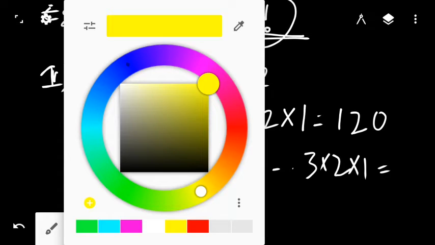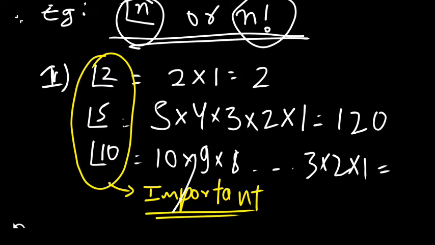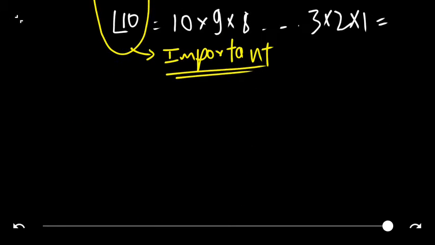Now let's get to the mathematical part of this. Let's represent this in algebraic form. Factorial n is, as I told you, the multiplication of this number multiplied by all the numbers before it.